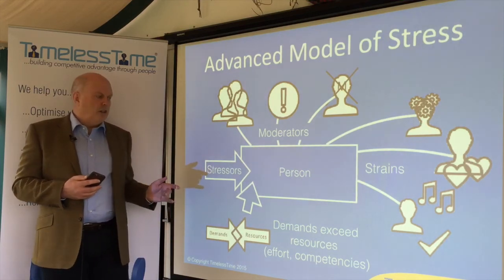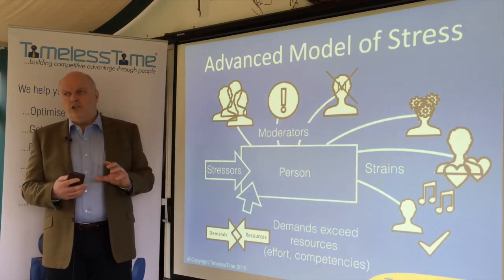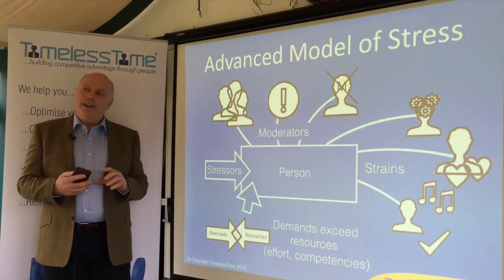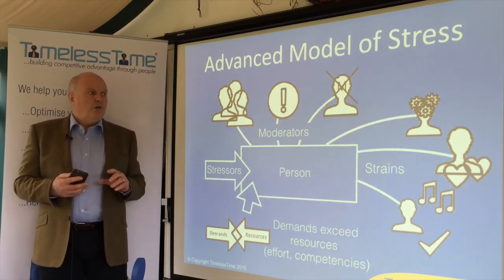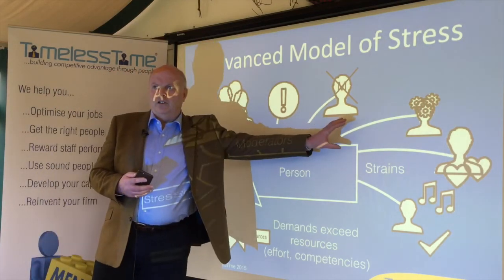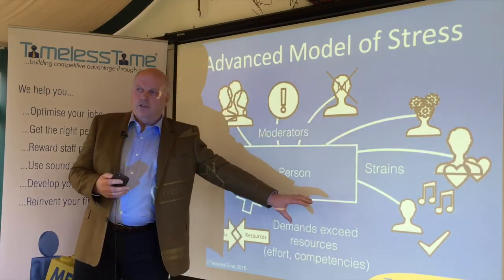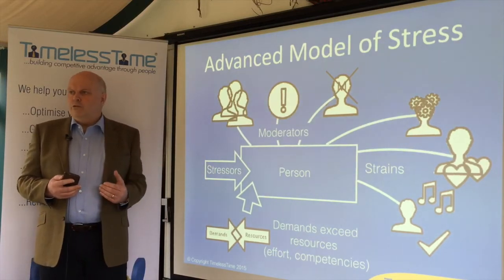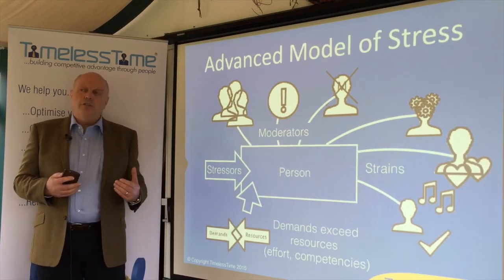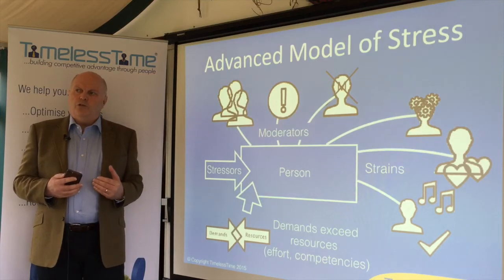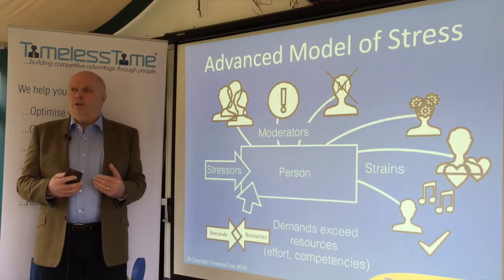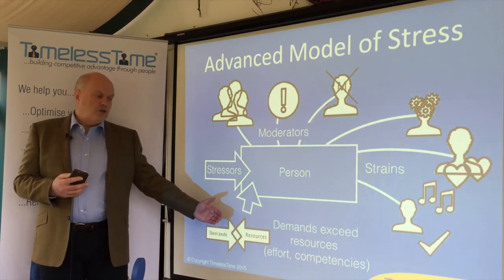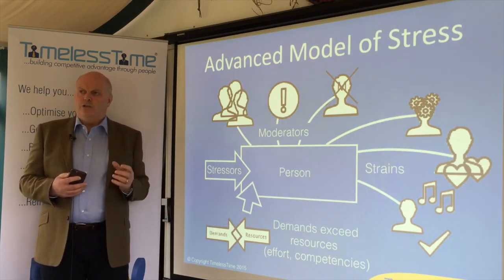And here we see the idea that if demands exceed the resources that the person brings to the task, then it's very likely that we'll be working in the stress area rather than coping. And so one mitigation, one way of driving things to cope, is to make sure that all people in the company are appropriately trained and have the right resources.